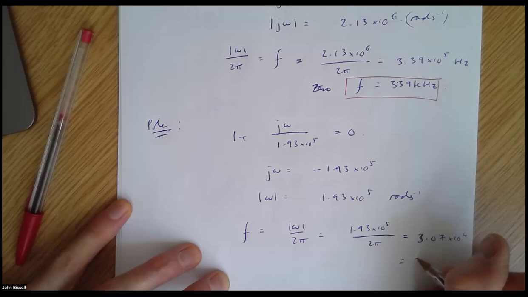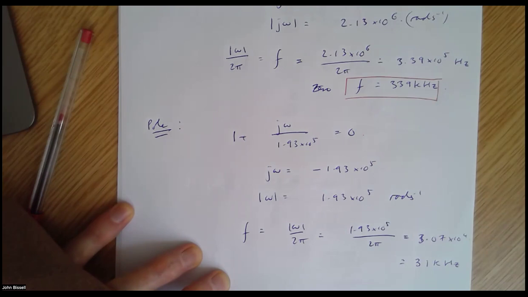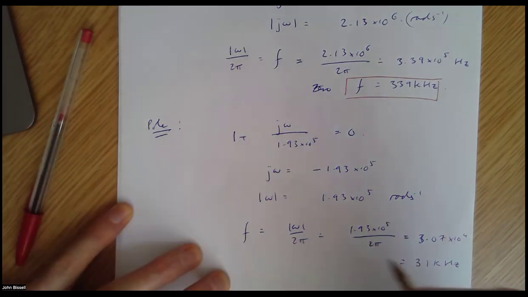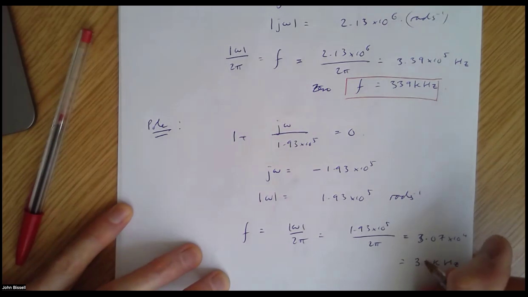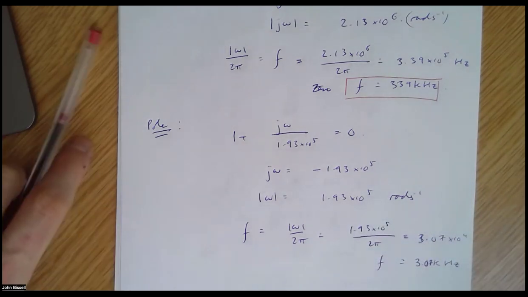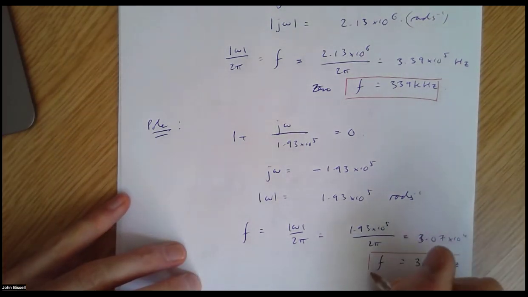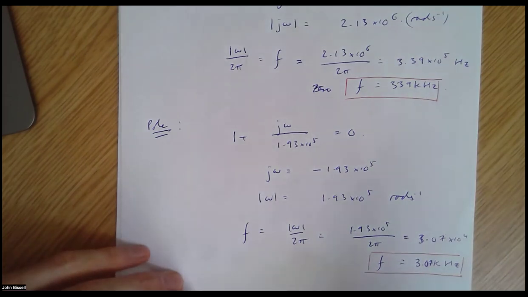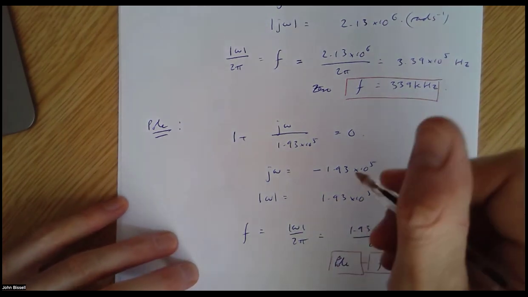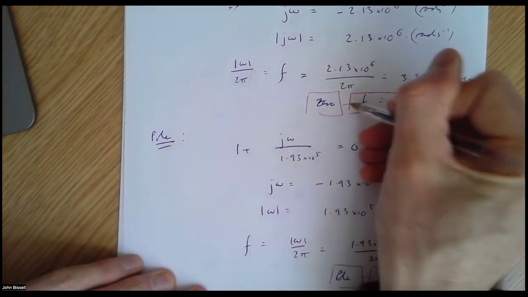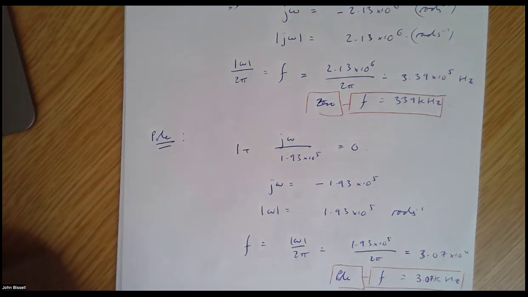So we could call that 31 kilohertz, roughly. Or 30.7 kilohertz. So that's the pole. The frequency of the pole is this, and the frequency for the zero is this. Right, that's the first part of the problem.